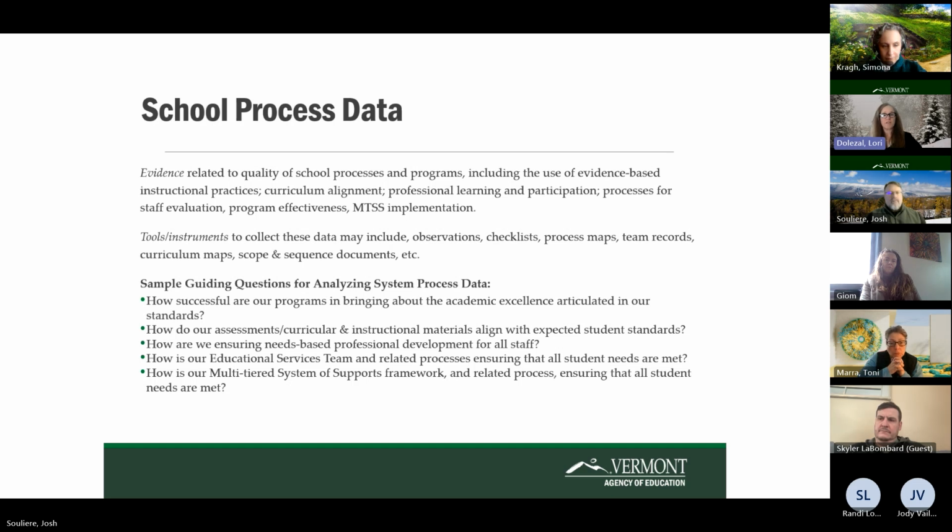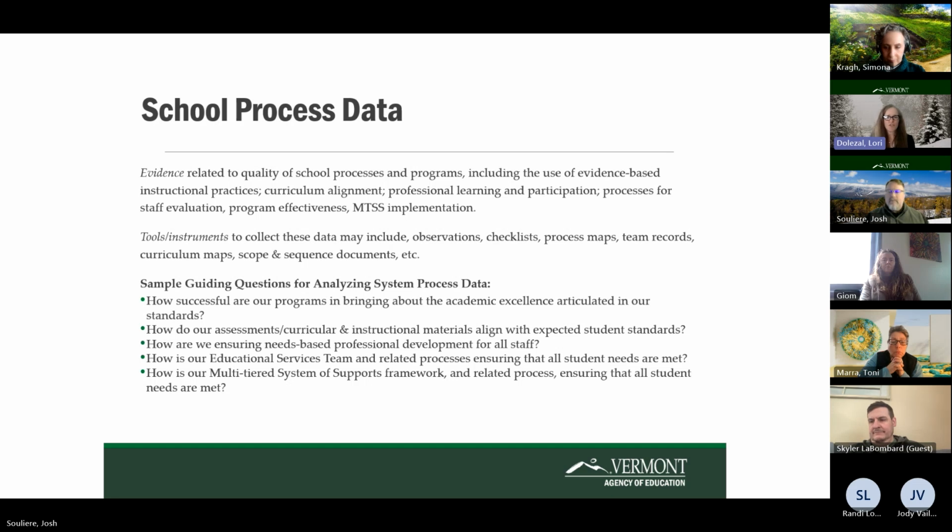So things like evidence-based instructional practices and the implementation of those, curriculum, the existence of it, alignment to standards, the coordination of it, alignment to research, any vertical and horizontal curriculum alignment across grade levels, professional learning, participation in professional learning, perhaps processes for evaluating staff, resource distribution, program effectiveness, MTSS implementation. So there are many, many types of data you might collect under this category.